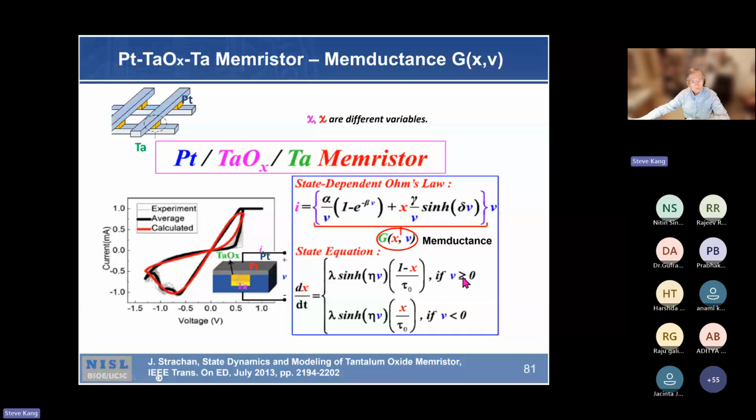This is John Strachan, who is now in Germany, State Dynamics and Modeling of a Tantalum Oxide Memristor, published in Electron Devices, July 2013, for instance. So again, this is a generalized memristor, not ideal memristor, right? But now we call everything memristor.